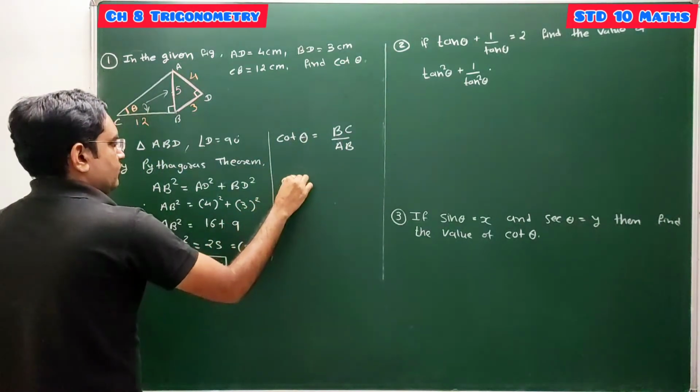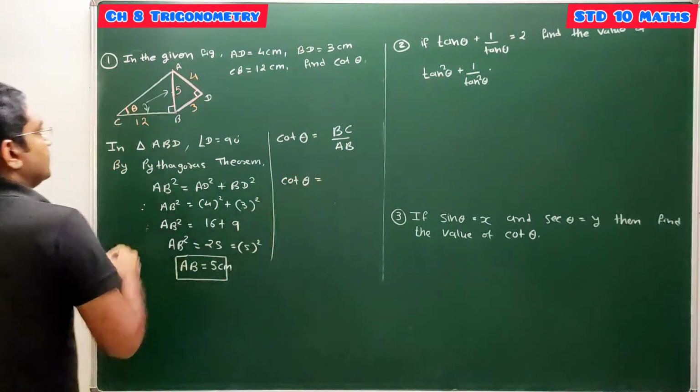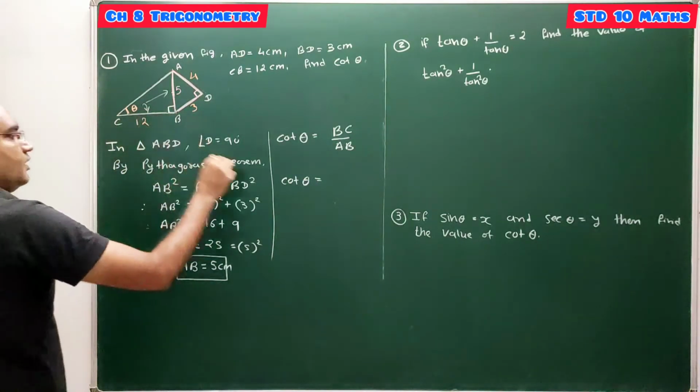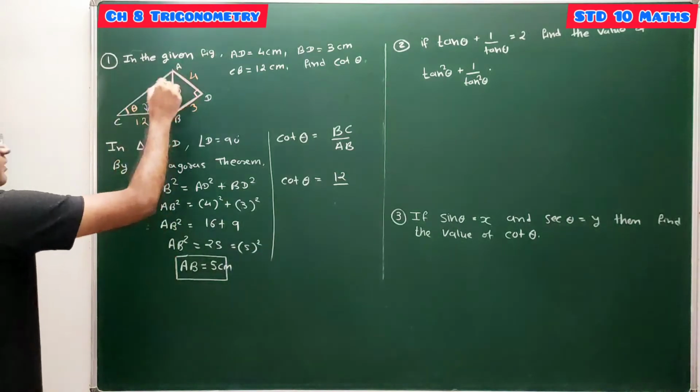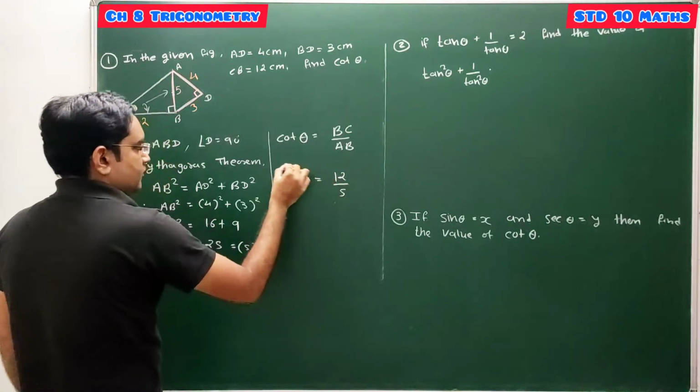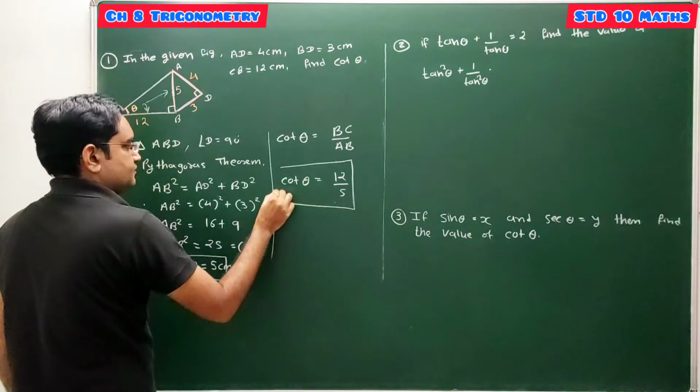So the value of cot theta is equal to BC, that is CB, 12 upon AB 5. So this is your answer. Clear students?